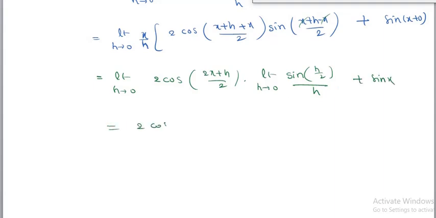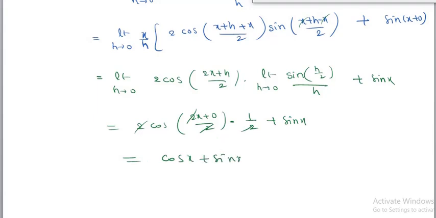So 2 cos of (2x plus 0) by 2, and the standard limit is 1 by 2, plus sin x. The 2 cancels: cos x plus sin x. The x is missing: x cos x plus sin x. Write it down.